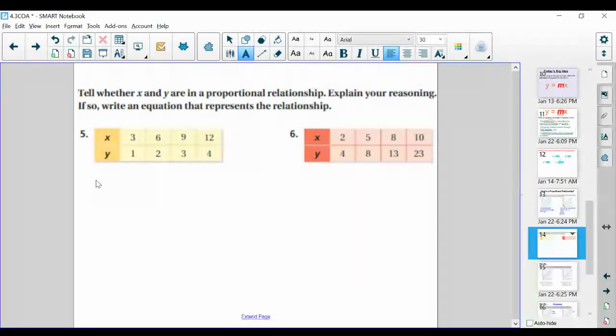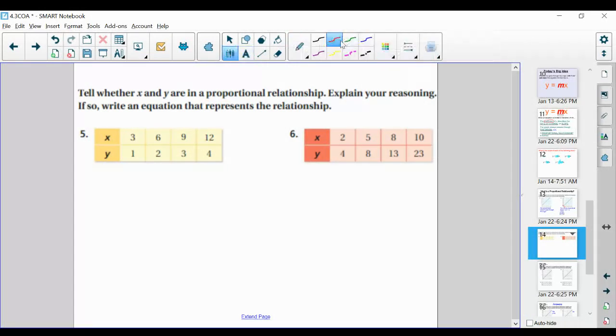Number 5, the x values are 3, 6, 9, and 12. My y values are 1, 2, 3, and 4. We have to figure out, is there a way that we can multiply our x values to get to our y values? And this one might kind of stump you a little bit. If I'm going from 3 to 1, how did I get there?